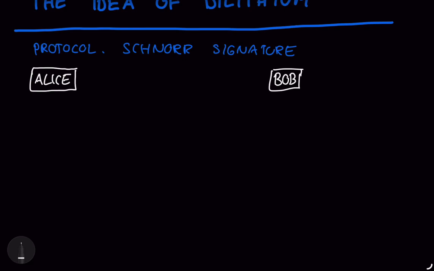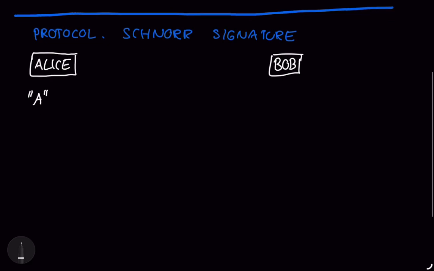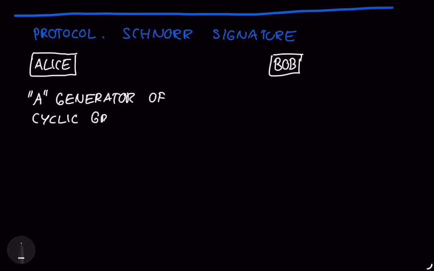So the algebraic structure is based on a group with respect to multiplication. So we have a kind of generator which is called A, and it's a generator of a cyclic group. And both actors, Alice and Bob, both know about this system parameter.